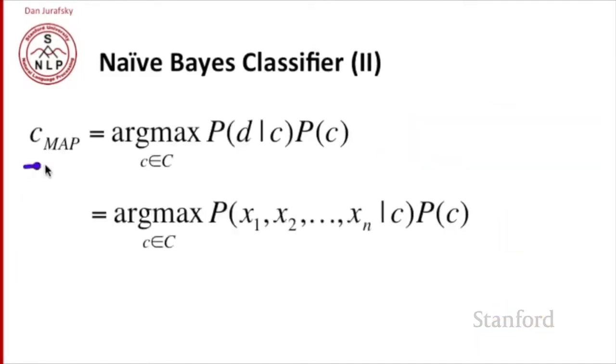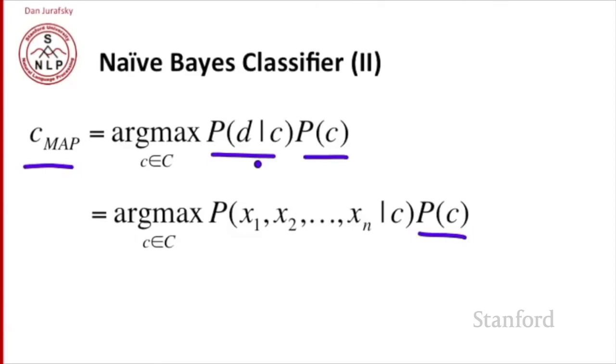So the most likely class is the one that maximizes the product of these 2 probabilities. The probability of the class will turn out to be relatively simple to compute. What do I mean by the probability of a document given the class? What do I mean to say this particular movie review was how likely is it given the class positive? It seems like a very complicated and confusing thing to compute.